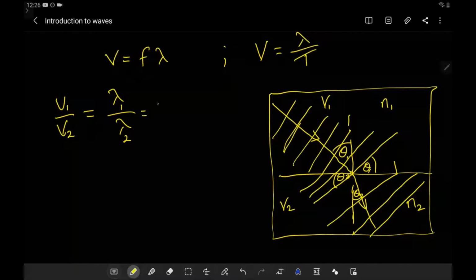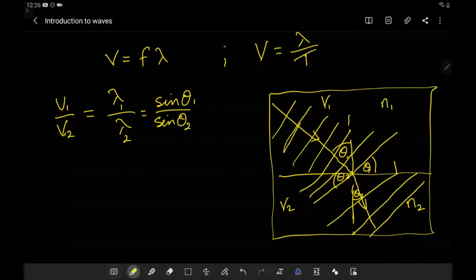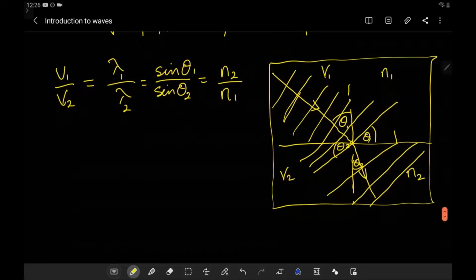That is also equal to the sine of the angle in the first material over the sine of the angle in the second material. But this is equal to the refractive index of the second material over the refractive index of the first. And this is the equation here. Now this equation actually tells us quite a lot.